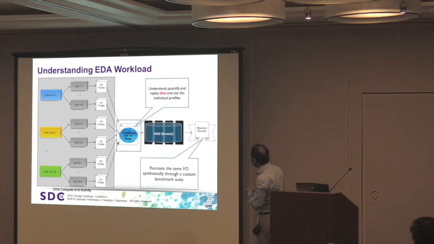And I started looking at the consolidated I/O profile. And I said, okay, once I come up with the consolidated I/O profile, how do I replay it? And in that journey, I wrote my own scripts. I looked at SFS 2008, and that got me closer than my own scripts.